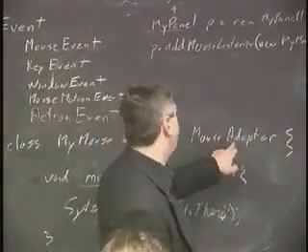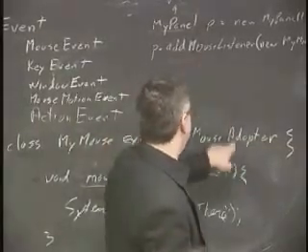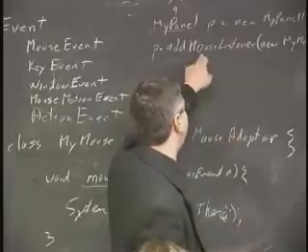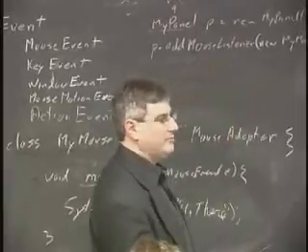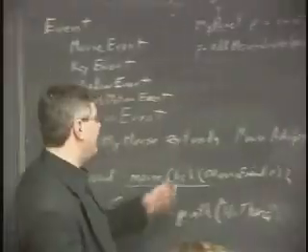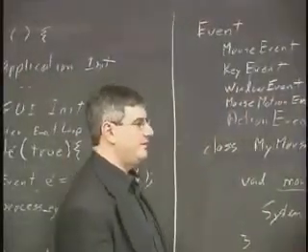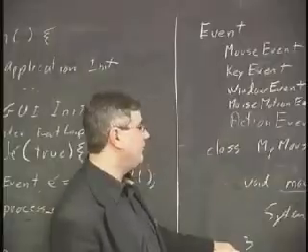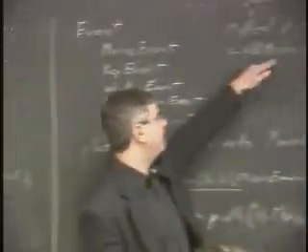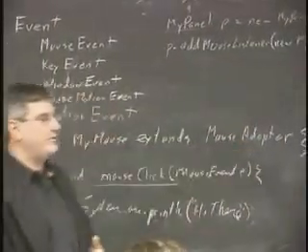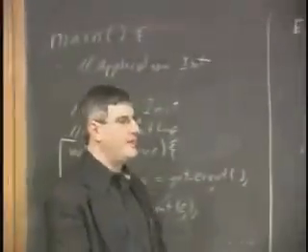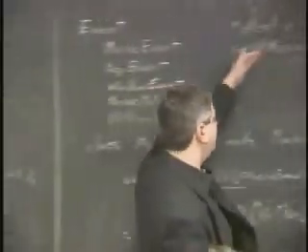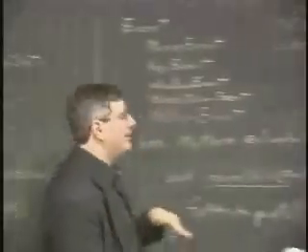So mouse adapter implements mouse listener with a bunch of empty routines. So that way, you just extend mouse adapter, and through that you implement. Exactly. So you basically get to override the ones you care about. The empty implementations on mouse adapter get carried through, and so people who expect a listener are happy, and you're happy, and everybody's happy.